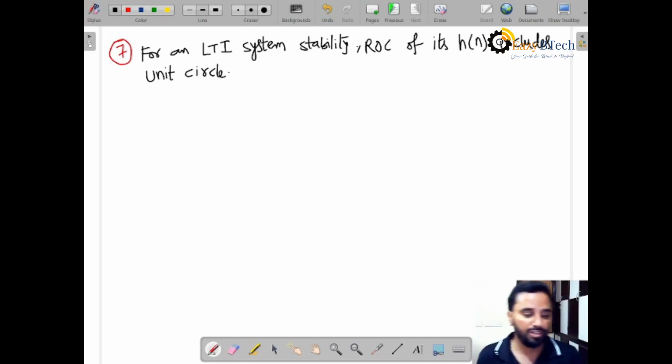So these are the points for ROC in case of Z transform. Very simple, you can remember easily.